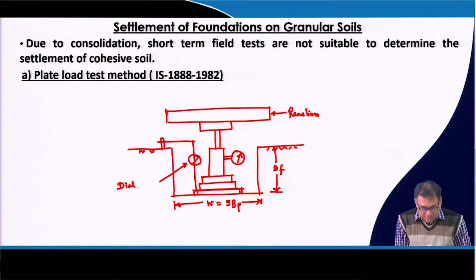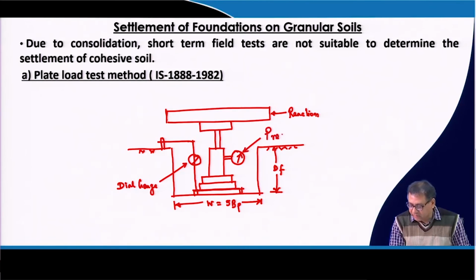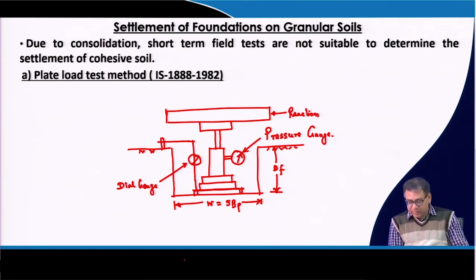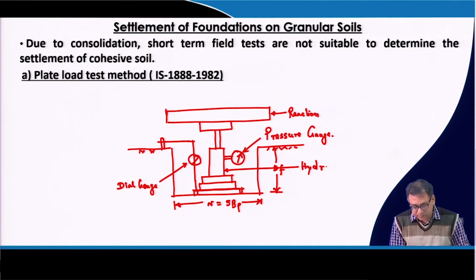So this is the dial gauge, this is the pressure gauge, this is the reaction frame, and this one is the hydraulic jack. And these are the plates.